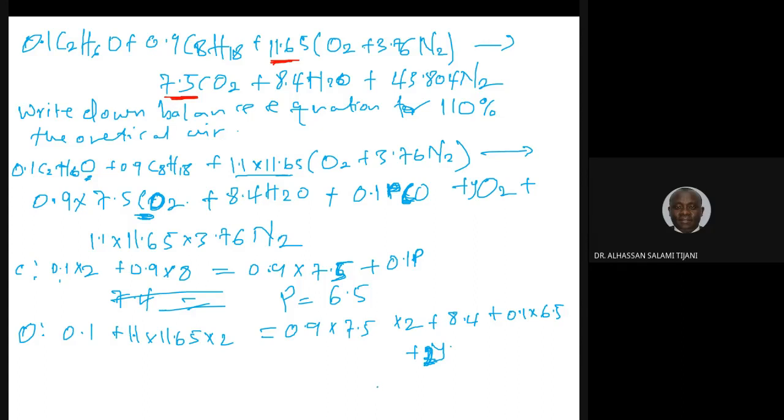If you do this carefully, for oxygen, Y is going to give me 1.17. Okay, so that is it for the balancing of this particular equation.